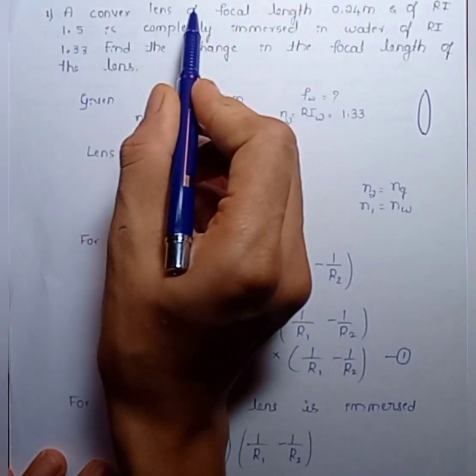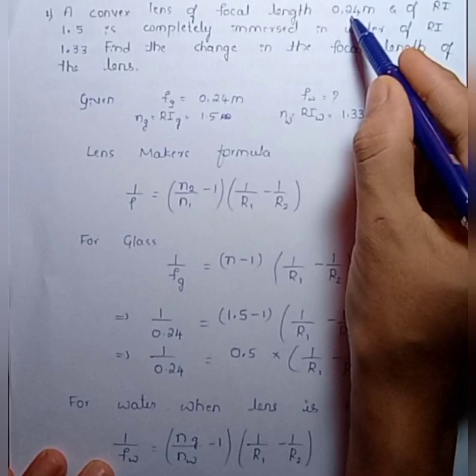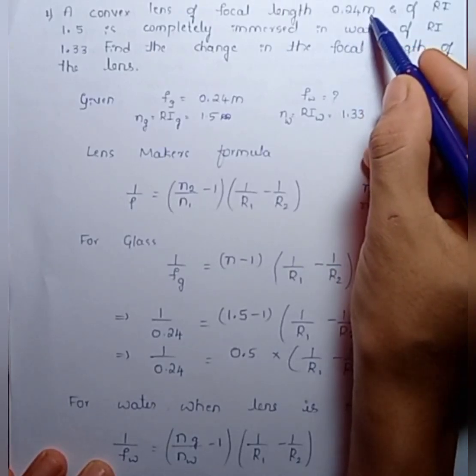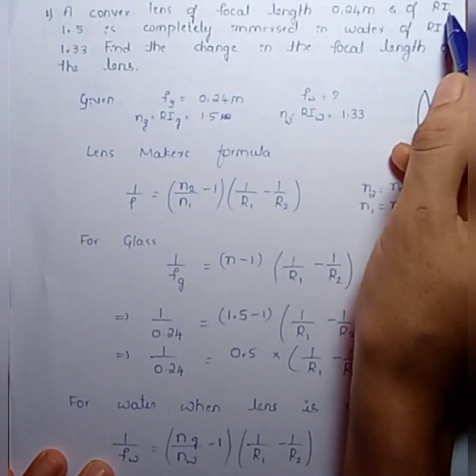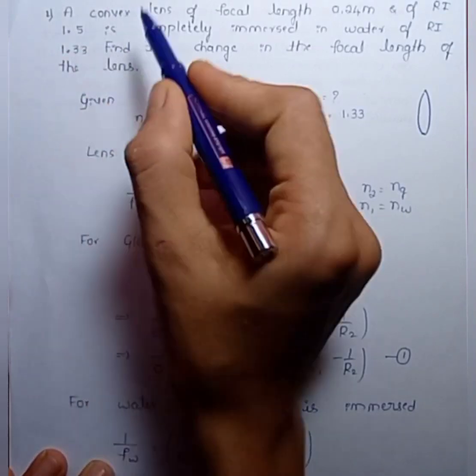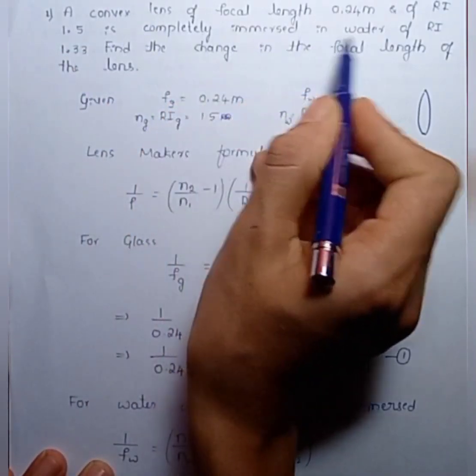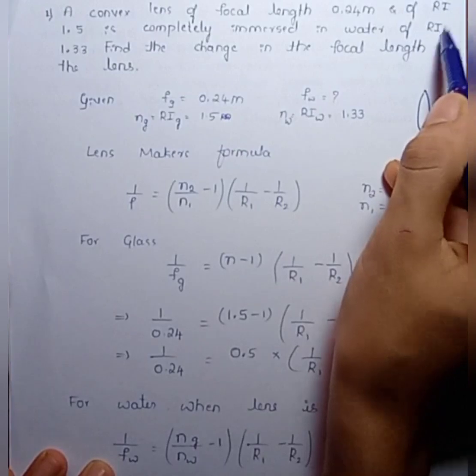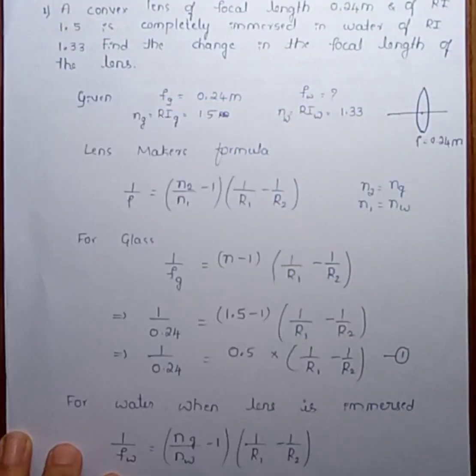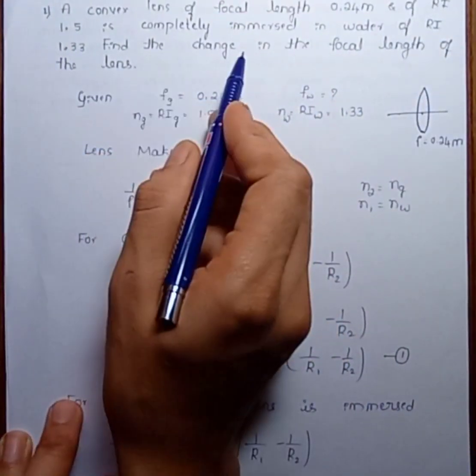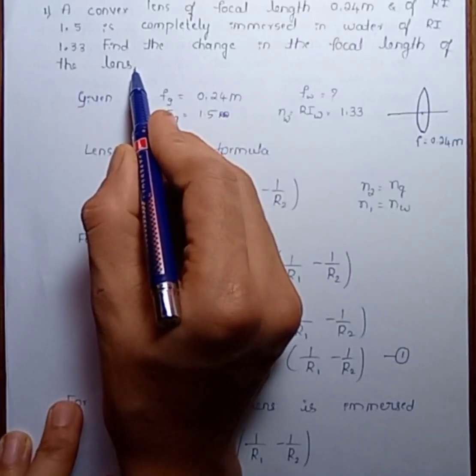A convex lens of focal length 0.24 meter and of refractive index 1.5 is completely immersed in water of refractive index 1.3. Find the change in the focal length of the lens.